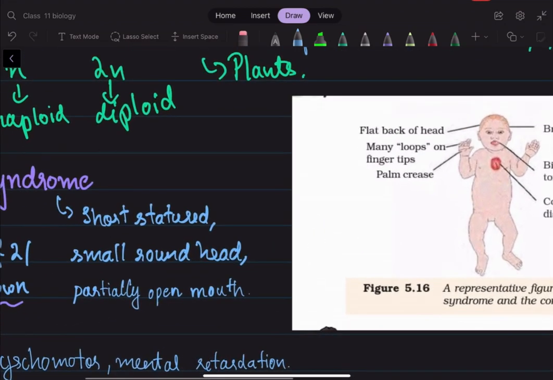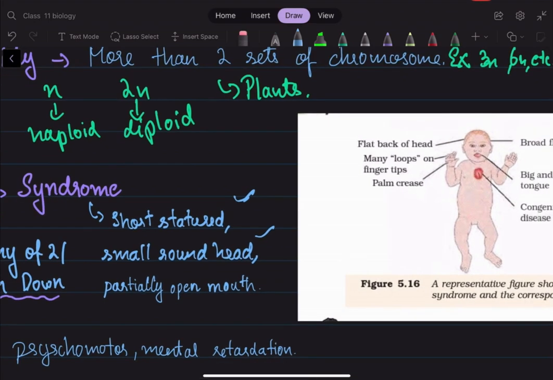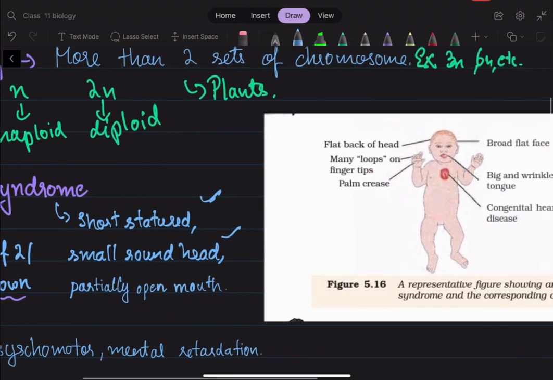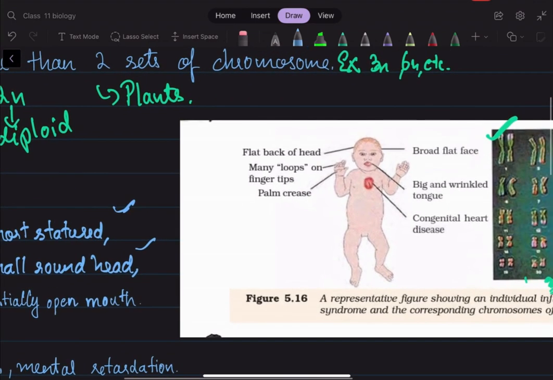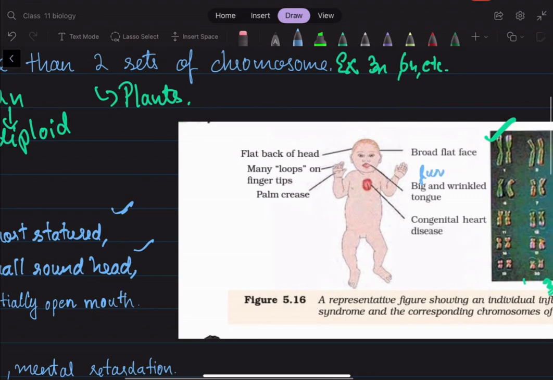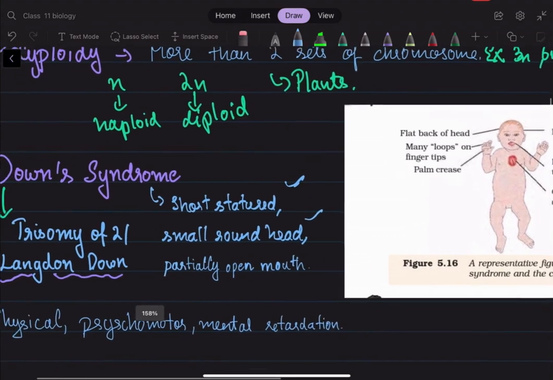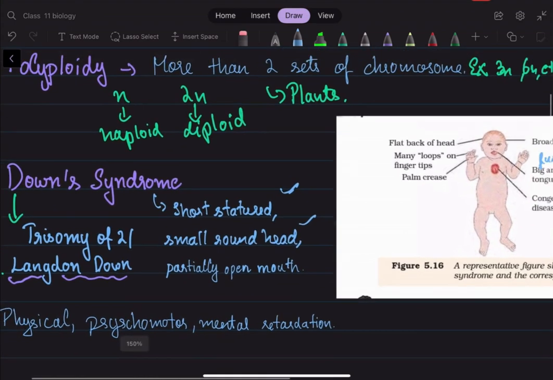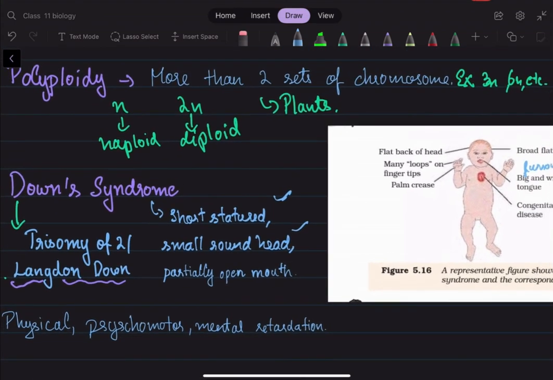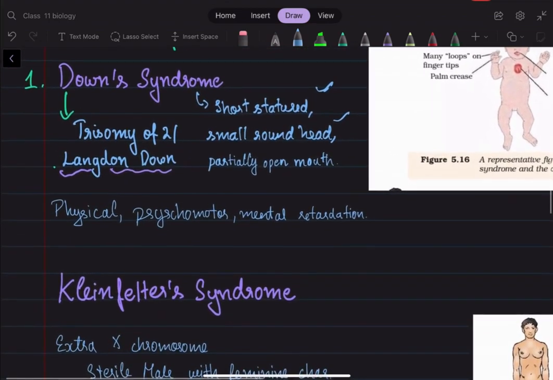Other features as the person grows up are that he is very short statured, with a small round head, and the mouth is usually partially open, and also a big wrinkled and furrowed tongue. Usually in these people, the physical, psychomotor and mental development is quite retarded.